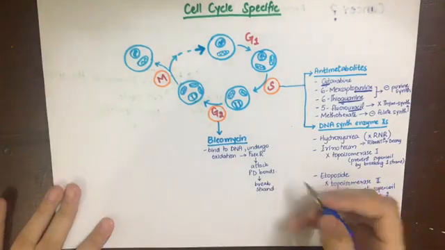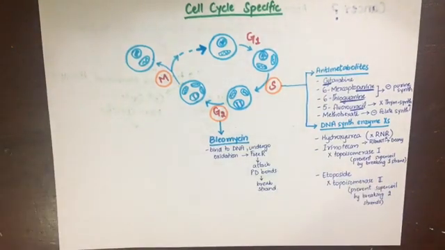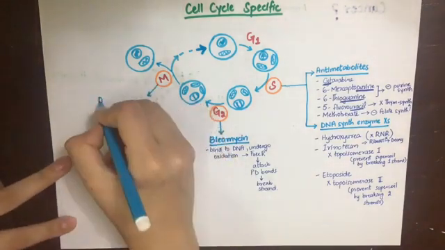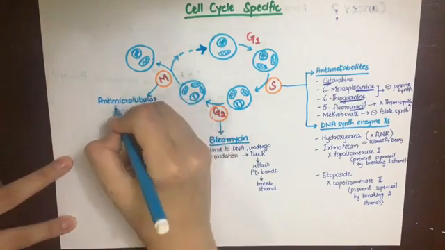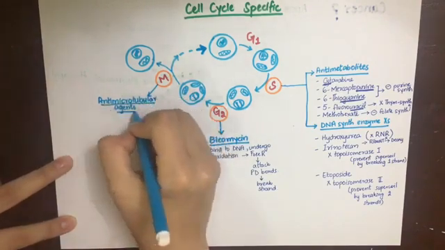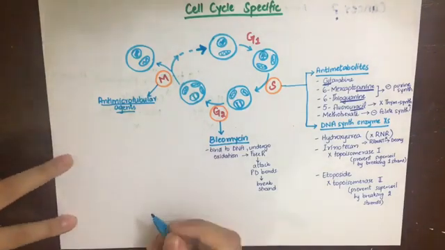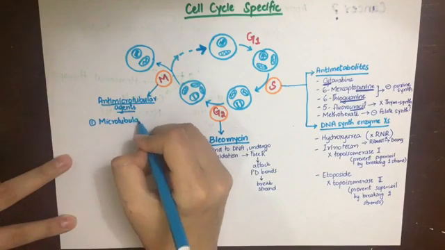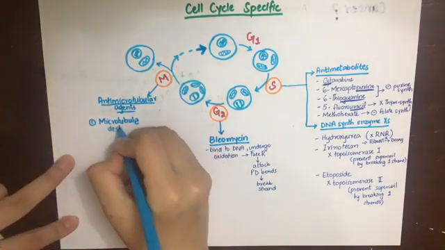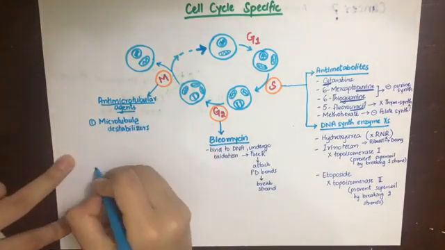Coming to the drugs that act on the M phase or the mitotic phase of the cell cycle, they are called anti-microtubular agents. That is because we know that during early mitosis, microtubules are formed and extend from the centrioles to the centromeres of the chromosomes, and then the chromosomes or the separated DNA go to either side of the cell before microtubules start breaking down again.